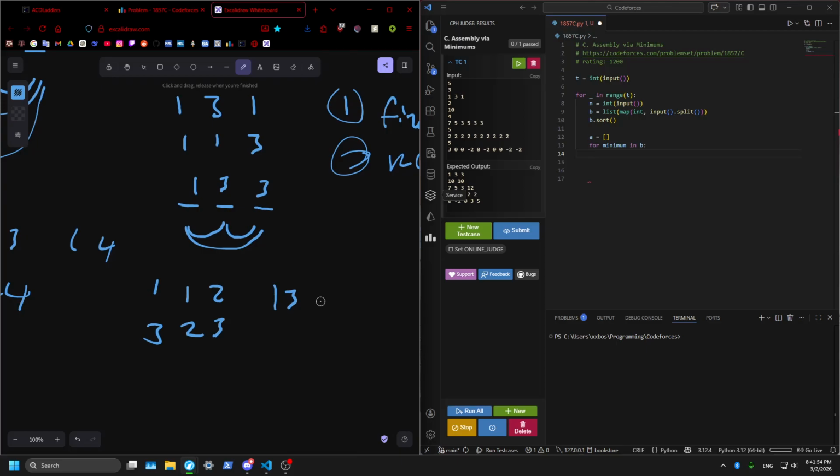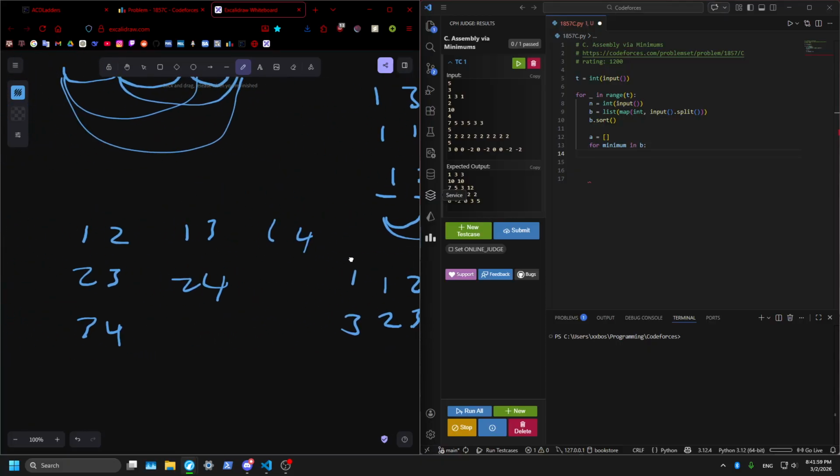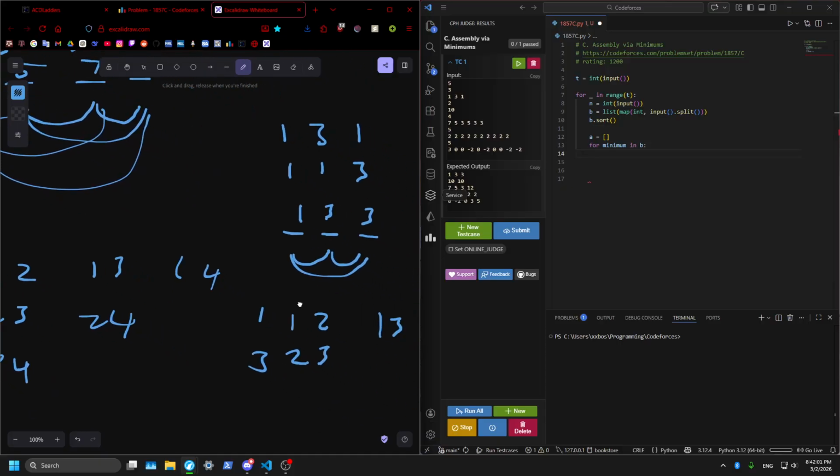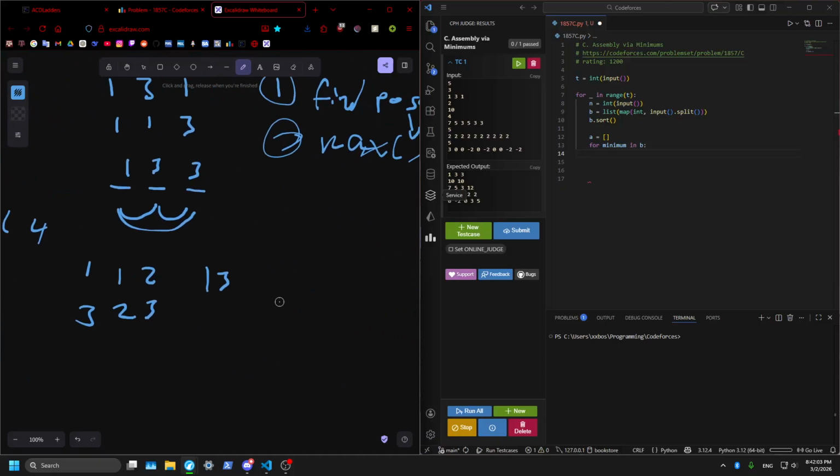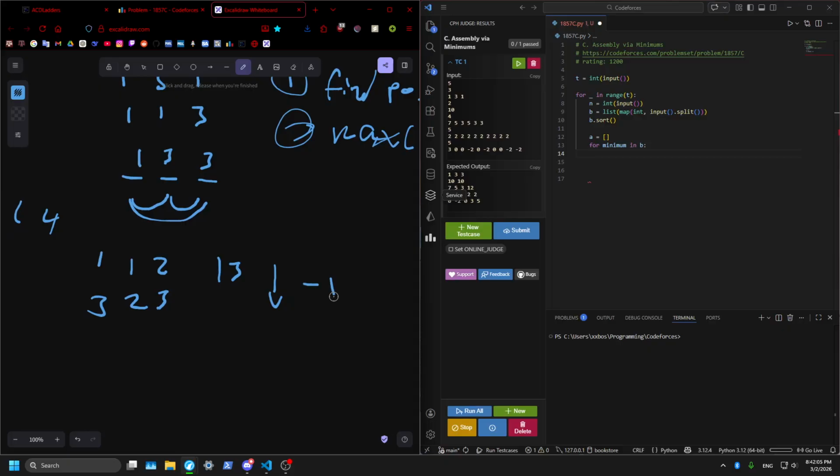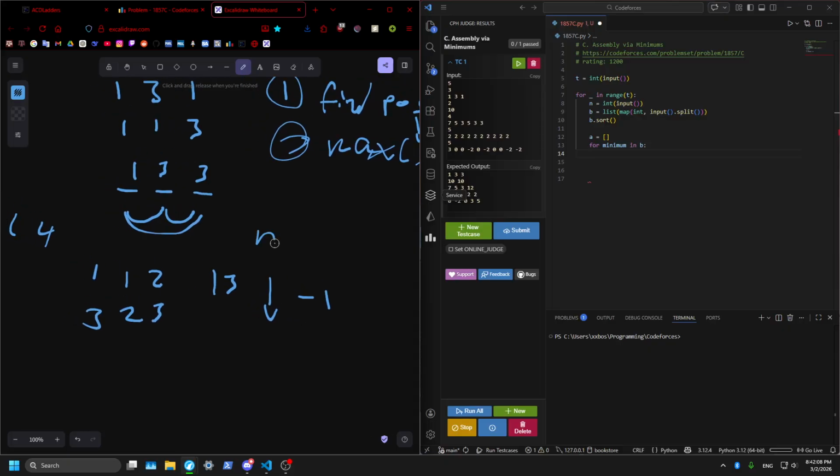Possibilities for each number are n minus 1, and each decrease is minus 1. Our start is n minus 1.